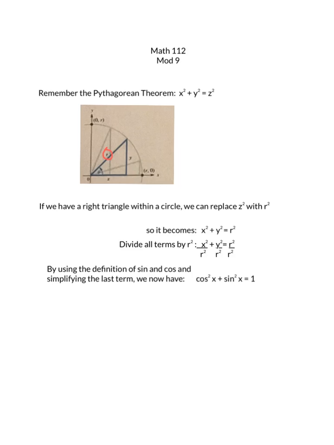This is what is known as the Pythagorean identities. We can write these identities in other forms, and so we are going to look at that next.